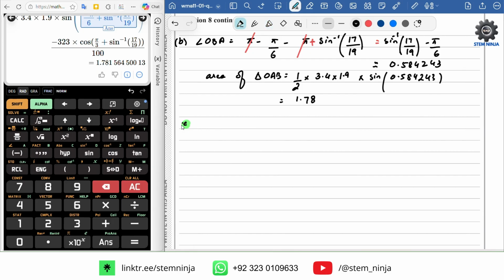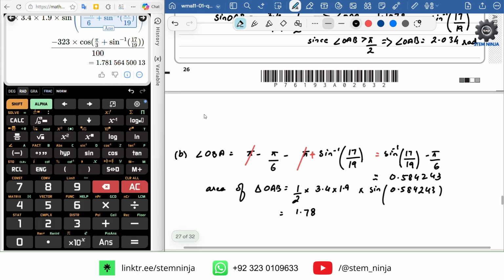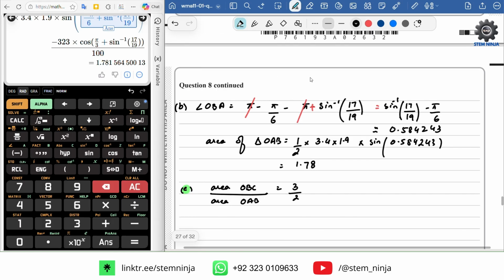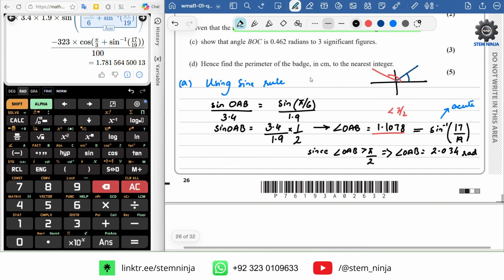So first off, we write this as the ratio: area OBC to area OAB, they gave us to be 3/2, right?